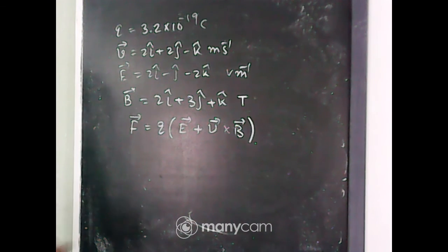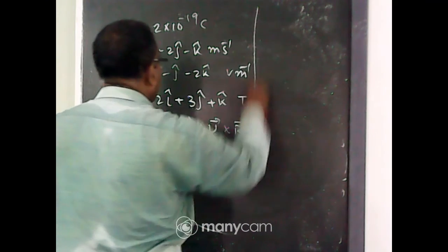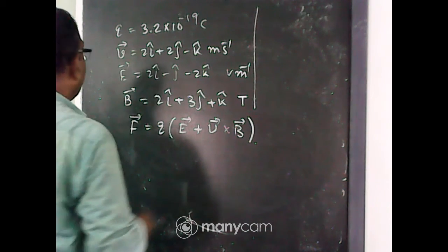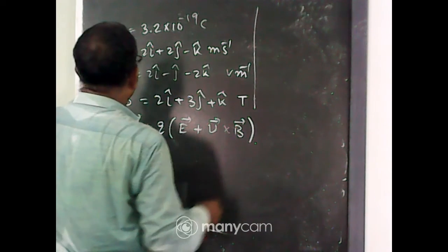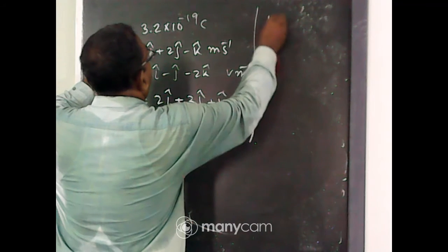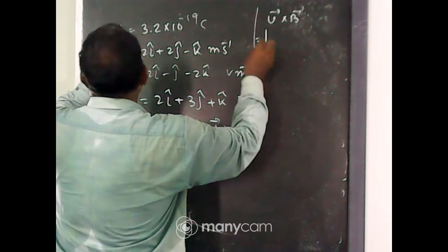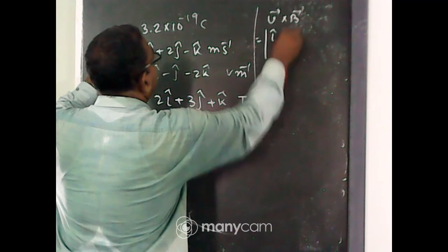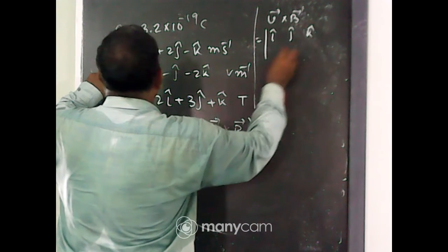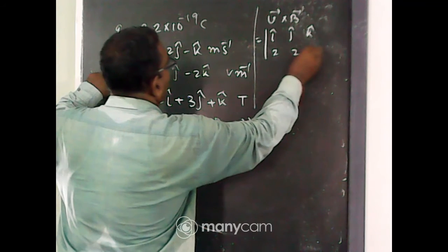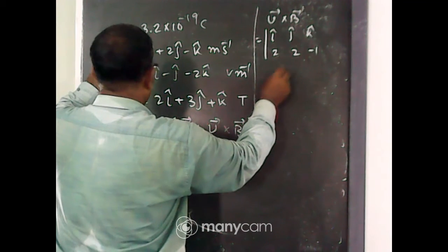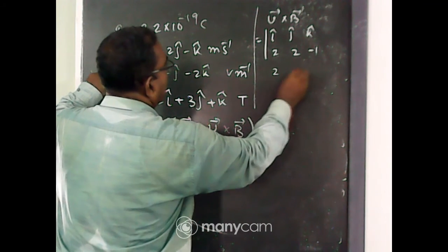So you can find it out. How can you find it out? Suppose the values of E, V and B are these. For V cross B, you write i, j and k; 2, 2 and minus 1; 2, 3 and 1.